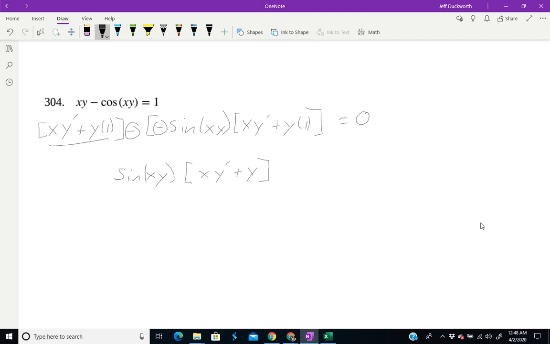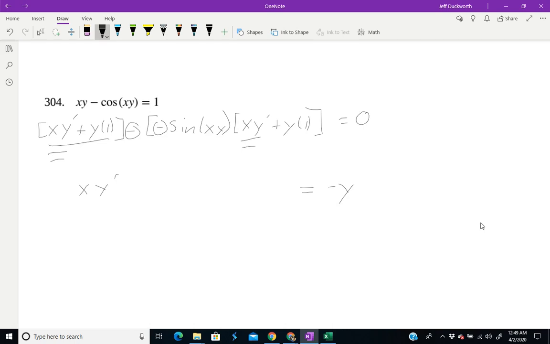No, what I'm going to need to do is factor out the y prime. So let's start that over. I've got an xy prime here, and I've got an xy prime here. So I've got an x and a y prime. Let's move this y over to the right, so it's going to be negative y.